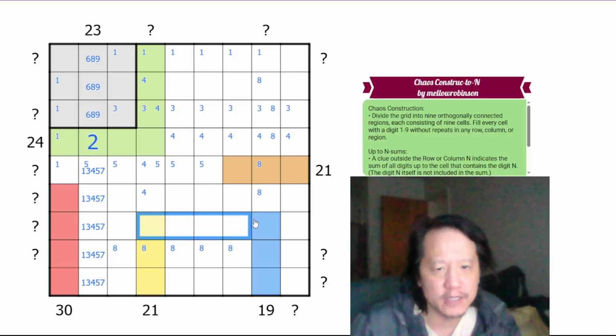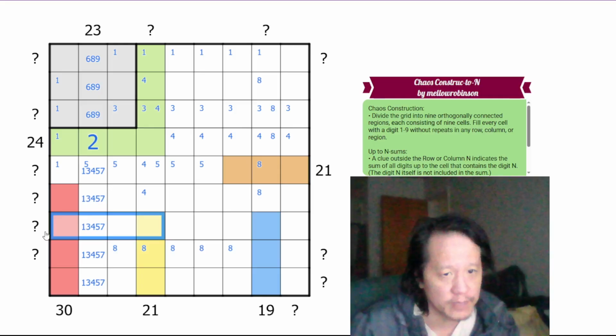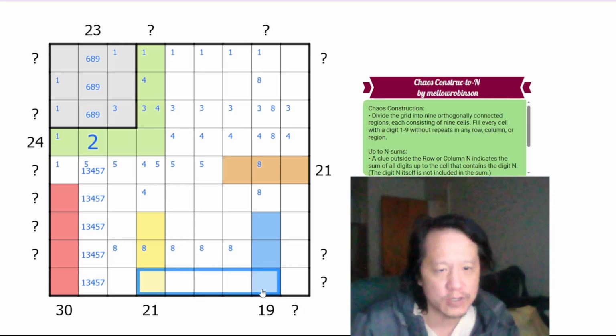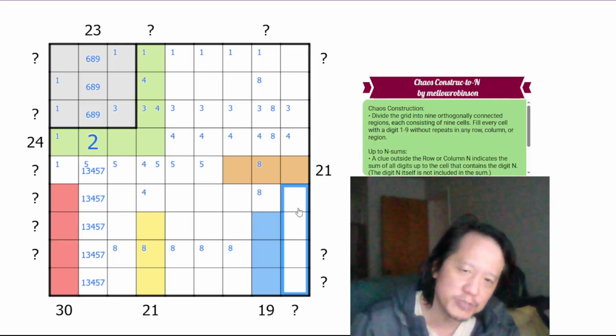It cannot connect this way because then this is 6 by itself, which isn't a region. Cannot go this way, same problem. So it has to either connect this way or it connects this way. It cannot go this way. Well, it could if this is a region by itself.